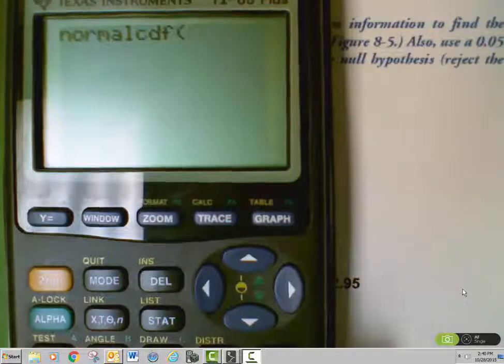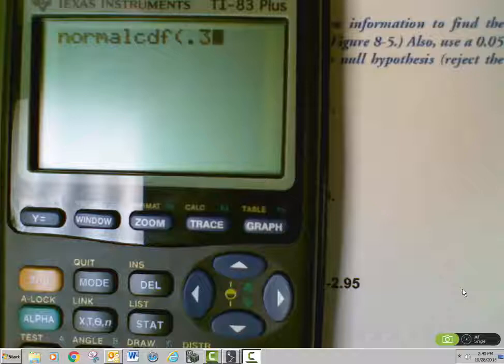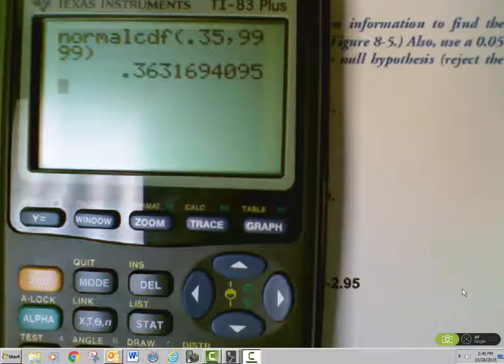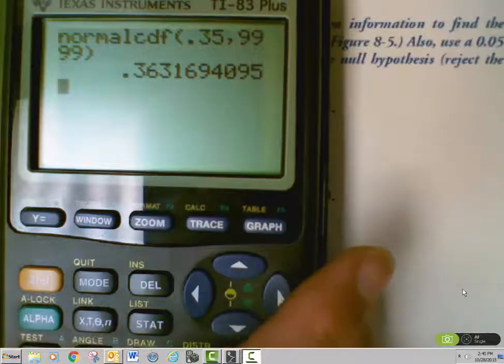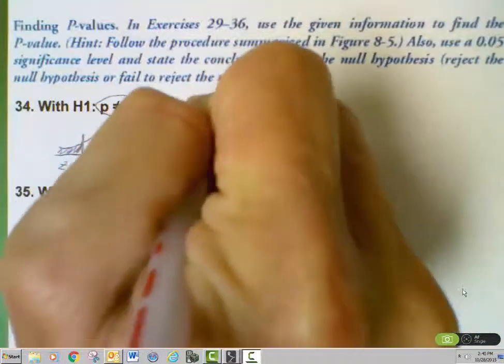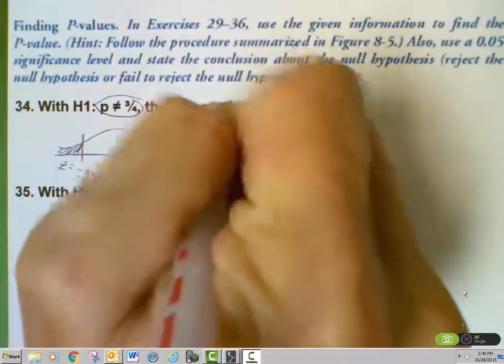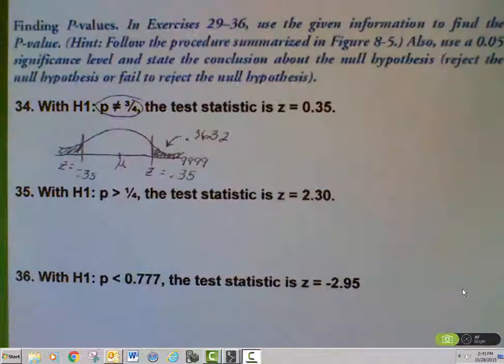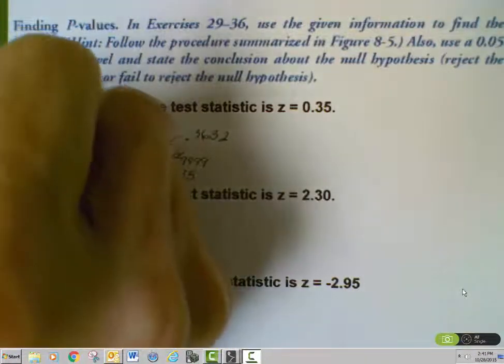I want that probability or area, and it is 0.363 if we round to 3 decimal places. I'm going to go ahead and round to 4 decimal places, 0.3632, which means this area is also 0.3632.